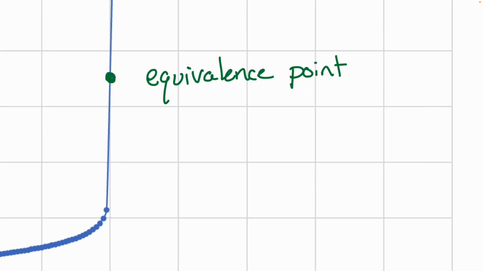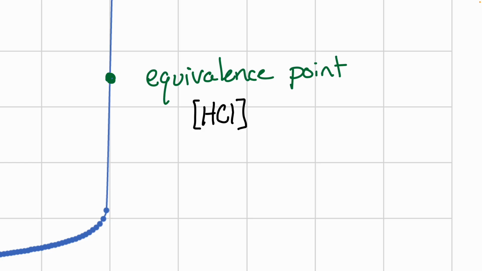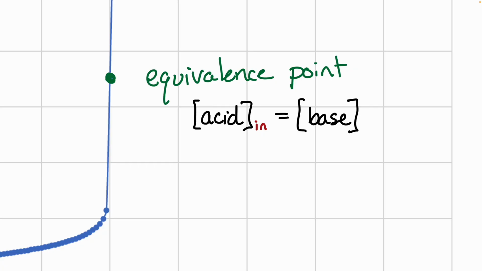Our equivalence point, as we said at the beginning here, this is where you stopped in general chemistry. That's when the amount of, in this case, HCl that we have, let's just say, amount of acid that we have initially is equal to the concentration of base that's been added.